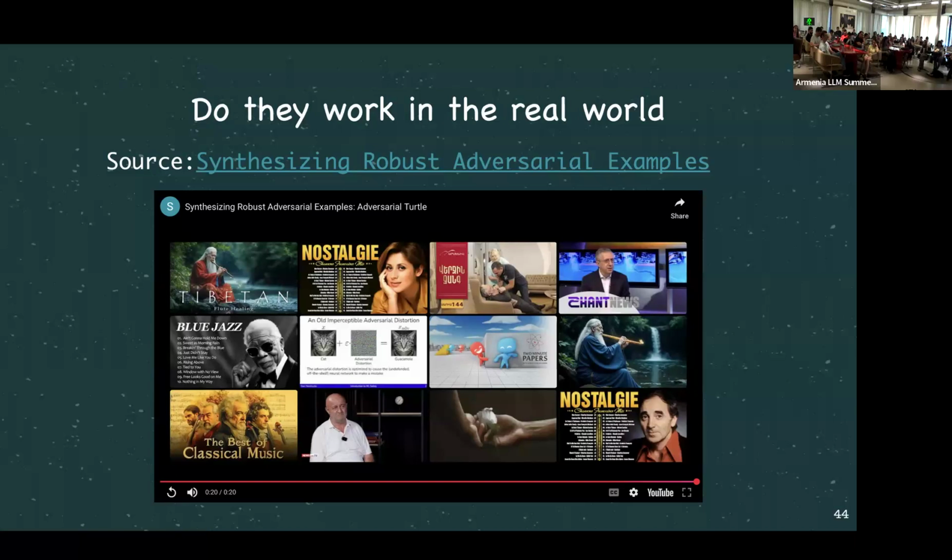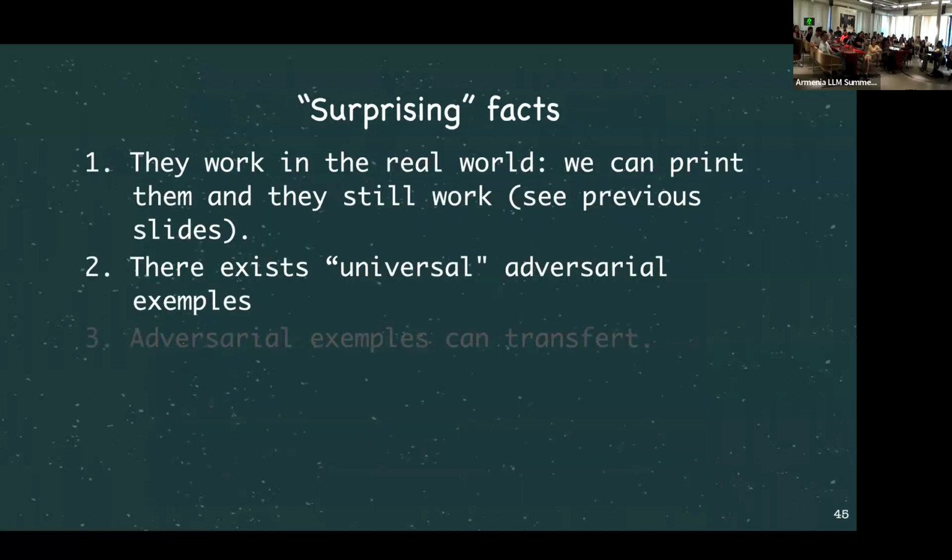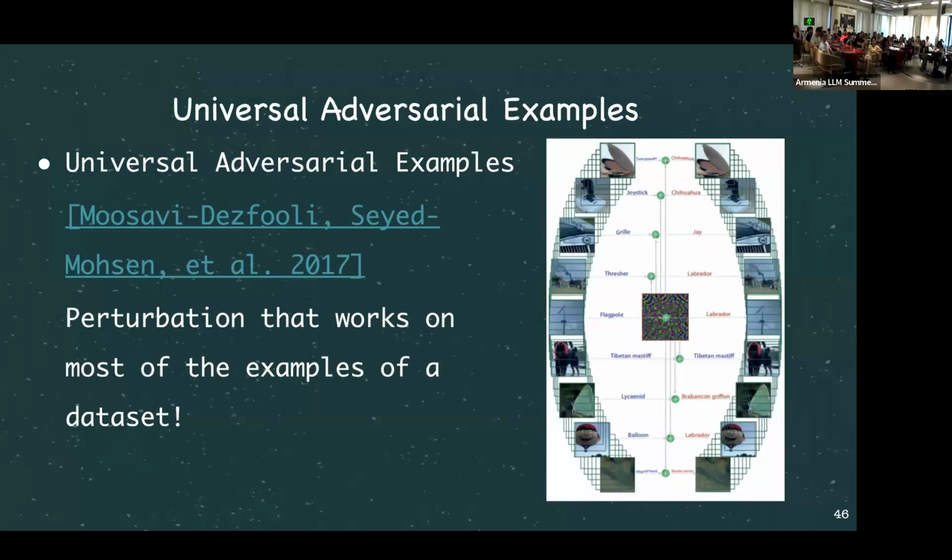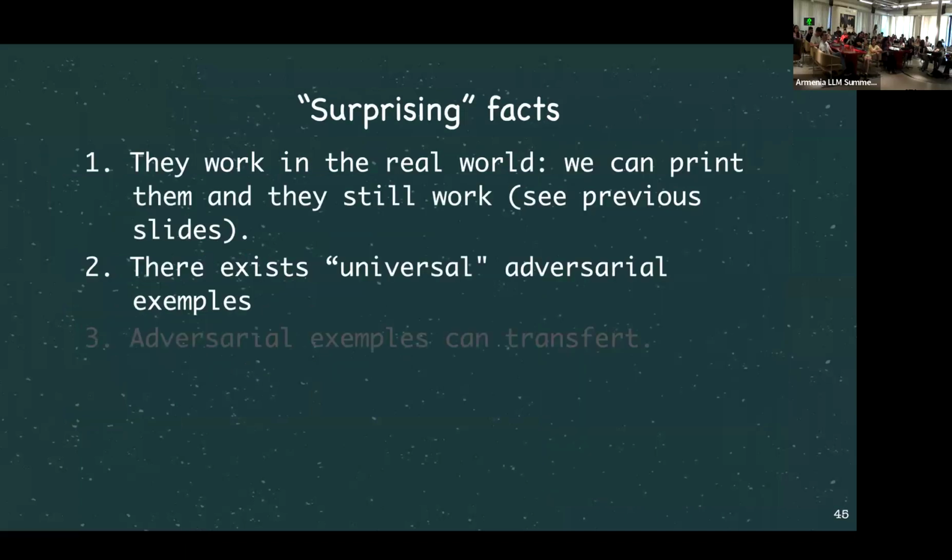It was the COCO detector, I think. You would take a picture of all the humans and the image detector would recognize everyone except the person wearing that sweater. So that's the modern way to be invisible. They work in the real world and, in particular, they are robust to different directions and situations.